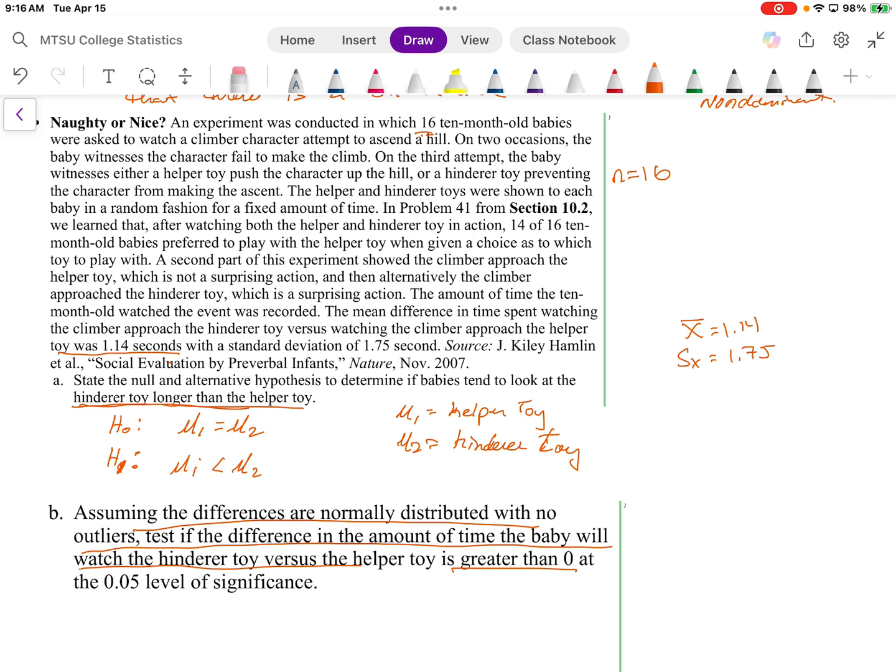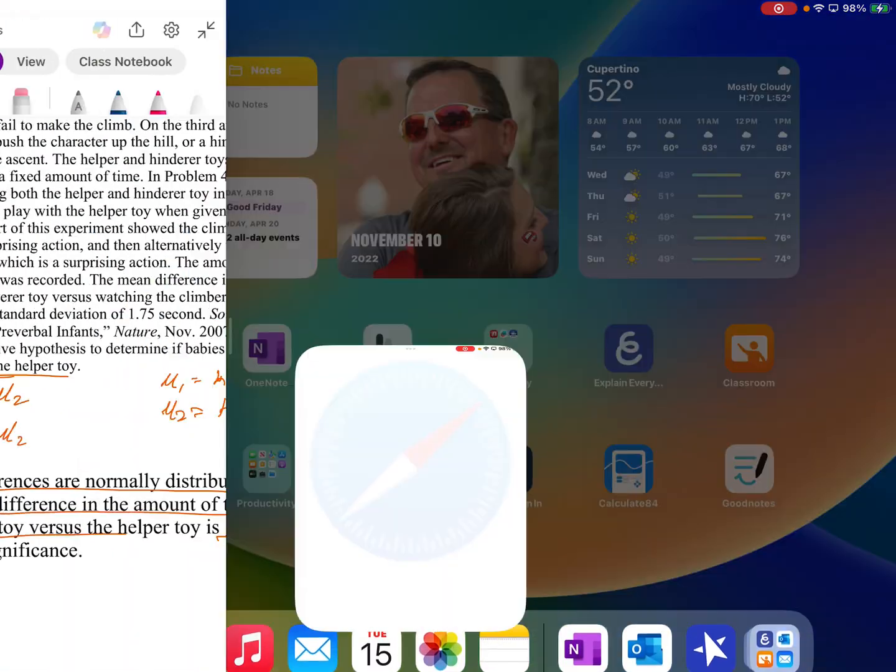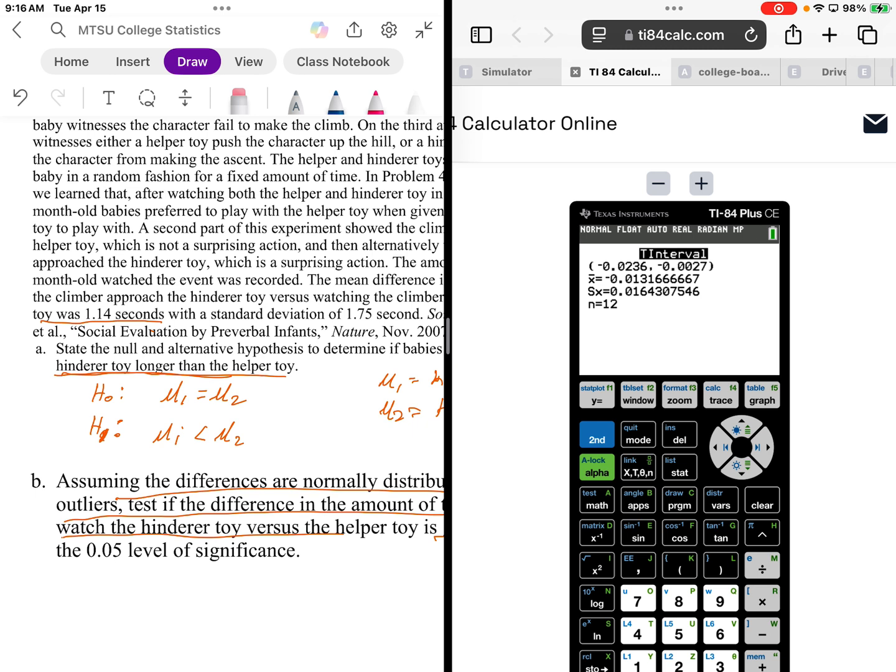Okay, so as I set up my hypothesis test, I go into the calculator, clear the screen, and go over to TEST. We're doing a t-test.